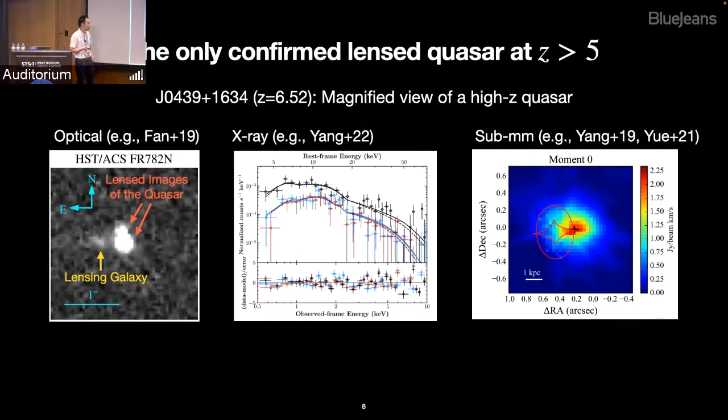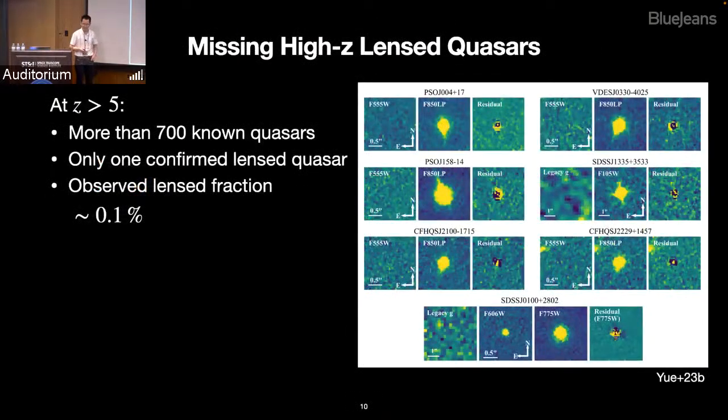I should also mention that this quasar is a target of JWST NIRSpec GTO observations, and I'm very much looking forward to their results. That is why we want to find more lensed quasars at high redshifts. But unfortunately, this one is still the only one we have confirmed beyond redshift 5.